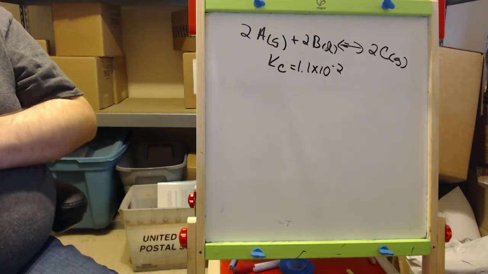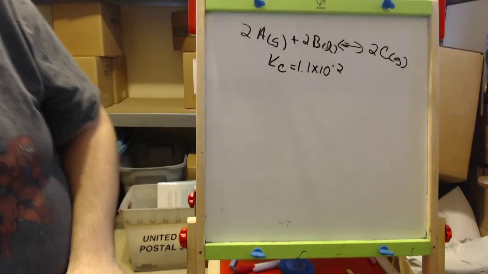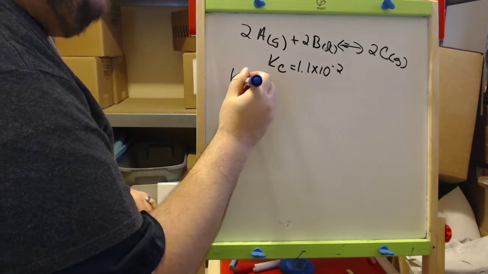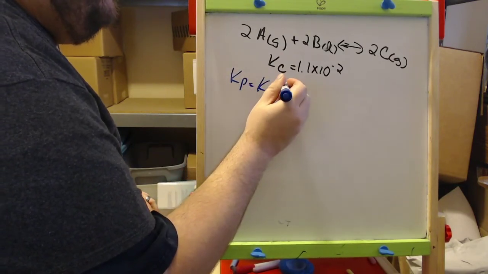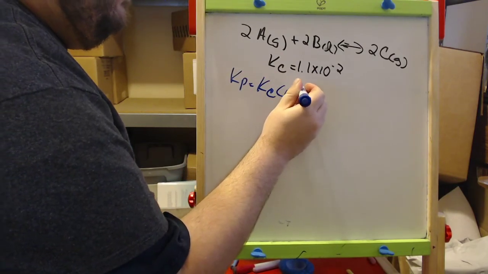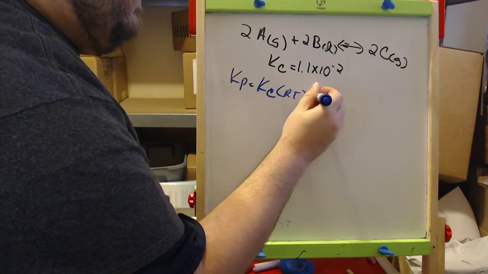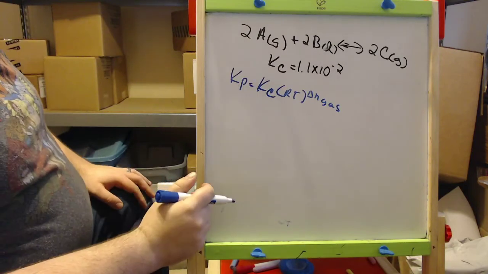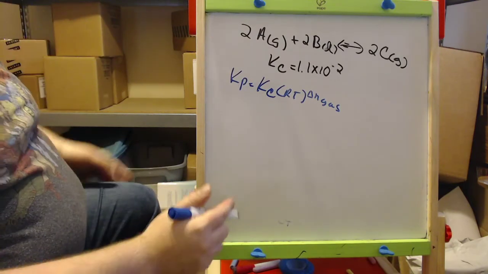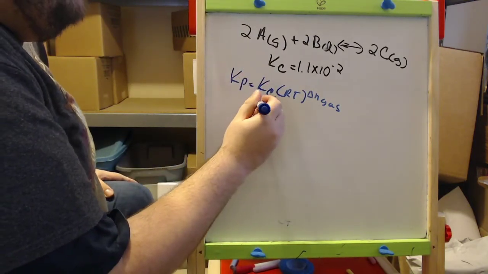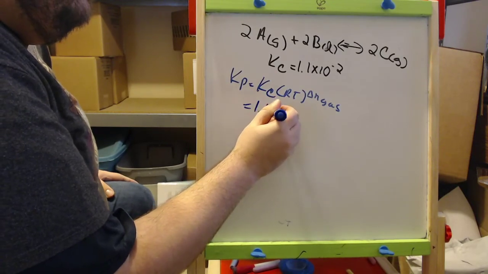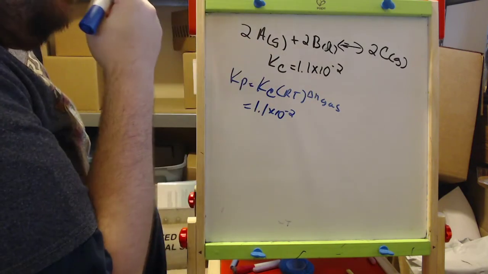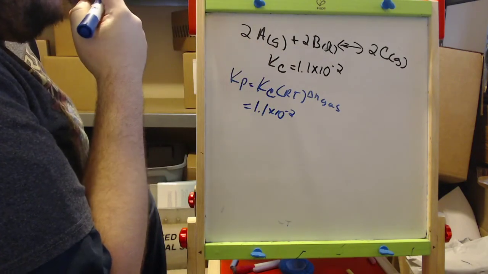All right, so let's look at this one. We want to find Kp. So Kp again equals Kc (RT) to the delta n gas. 1.1 times 10 to the negative second is our Kc value.